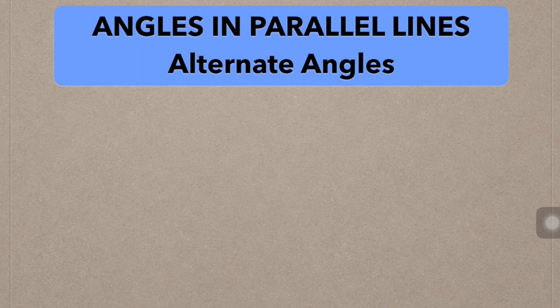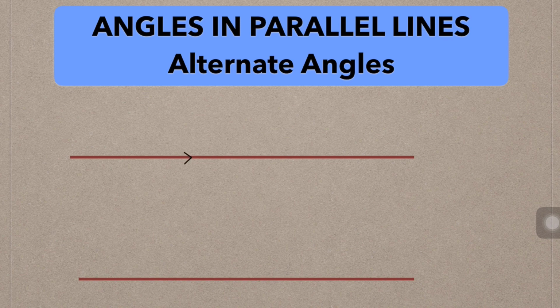Up next is alternate angles. Considering these parallel lines cut by a transversal, these two angles being shaded in green are called alternate angles.